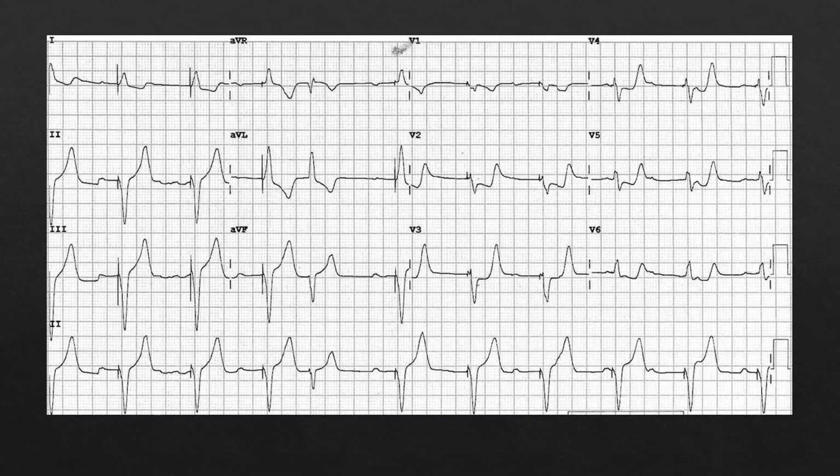Okay, so let's apply this to some actual ECGs. We look here, we've got pacer spikes and a wide QRS, so we have a ventricular paced rhythm. If we try to apply those rules, we look, is there anywhere where we see the ST segment going with the QRS complex? If you scan this, you'll see right here and here and here, we see downward pointed QRSs and T waves that are upright.